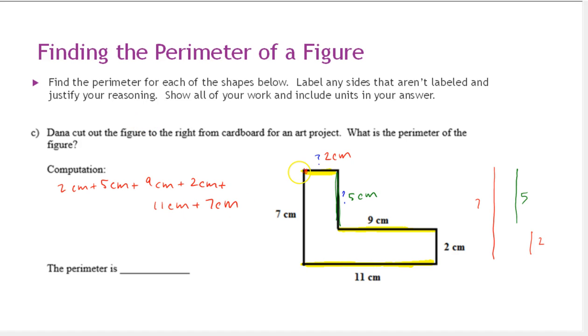Okay. So that would be all of the sides, 1, 2, 3, 4, 5, 6 sides, and I have 1, 2, 3, 4, 5, 6 numbers. Adding these up, this is 20, 29, and 7 is 36 centimeters. Let's look at the last one.